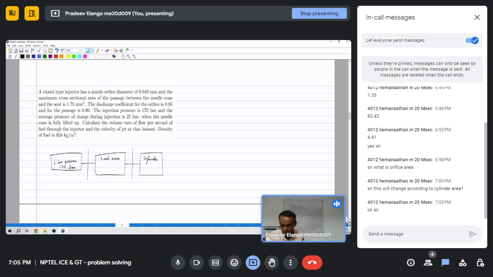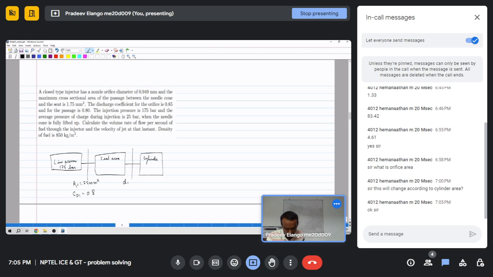The first interface, cross section area, this cross section area is 1.75 mm square, and I will write it as A1, CD1. CD is given for the passage as 0.8, and similarly here area 2, or the orifice area, we can calculate based on diameter.